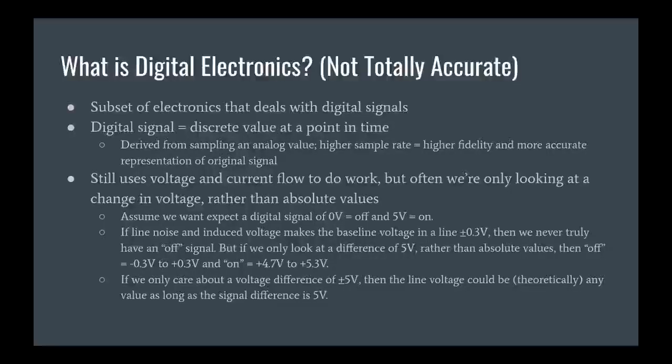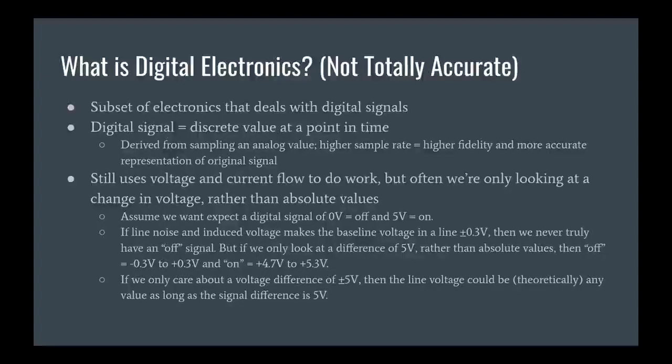So, in digital electronics, we're still using voltage, we're still using current flow to do our work, but we're only looking at a change in voltage rather than absolute values. Again, this is part of the deviation from book learning and into layman's terms.